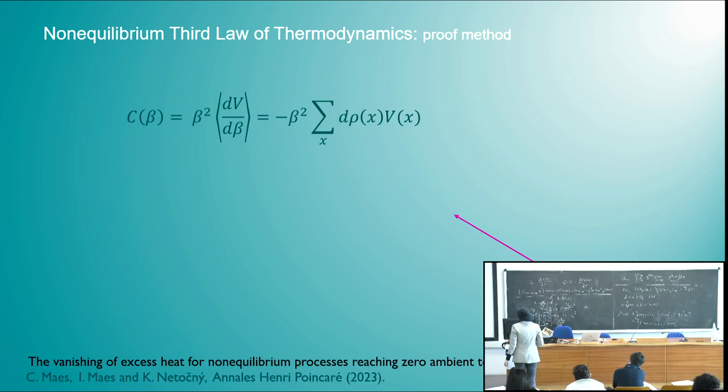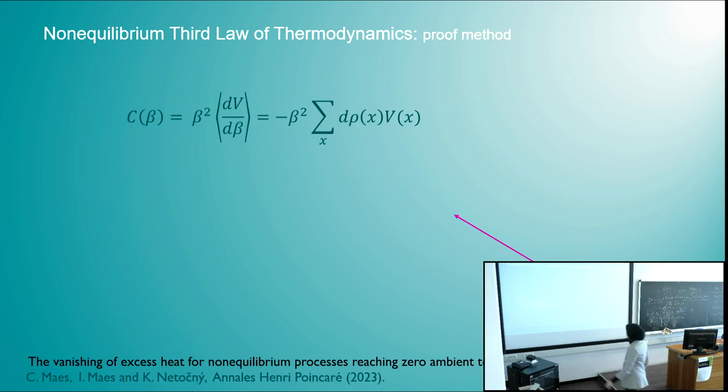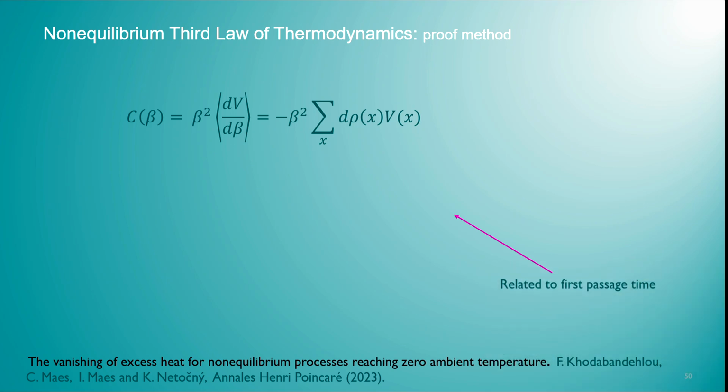Okay? Do you remember we wrote down the heat capacity like that? And if I want to take the limit as temperature goes to 0, if this one is unique, if this one is bounded, and this one goes to 0, then the limit, the answer, is 0.